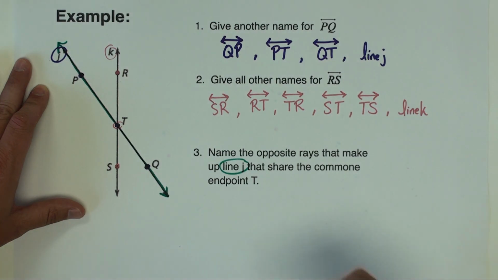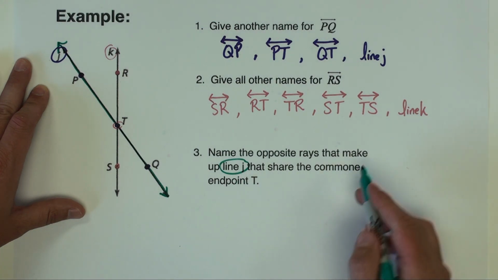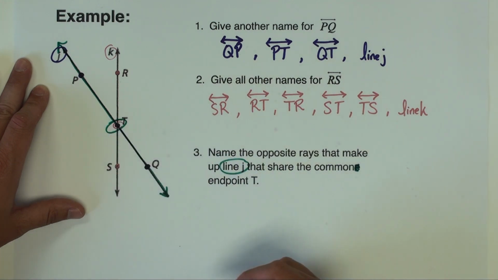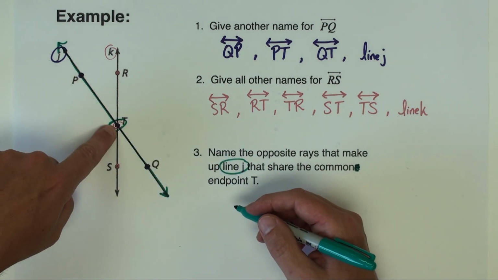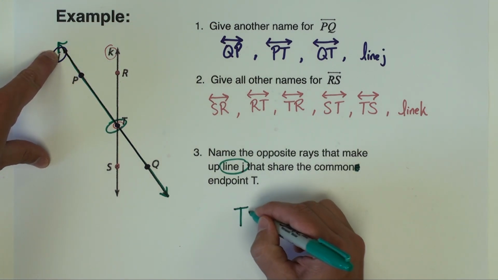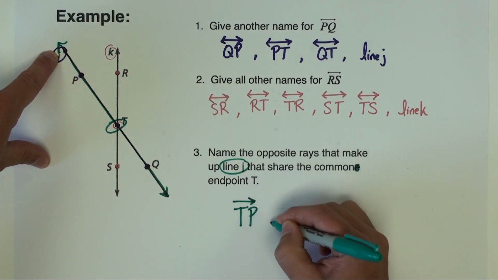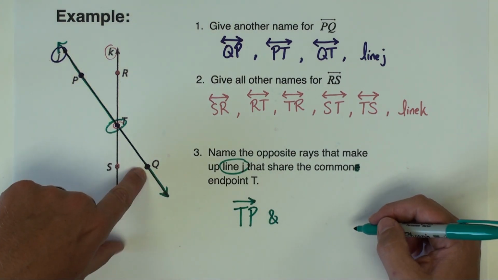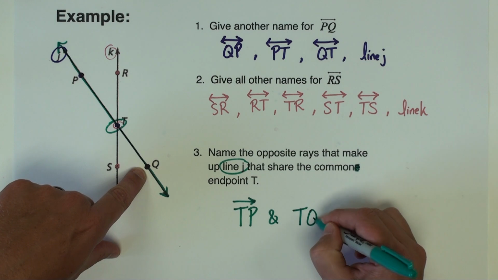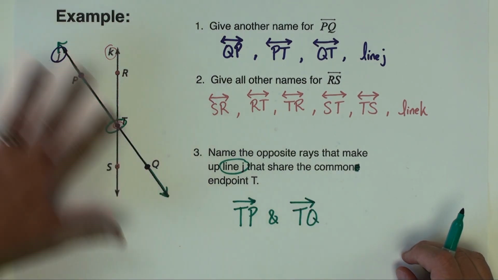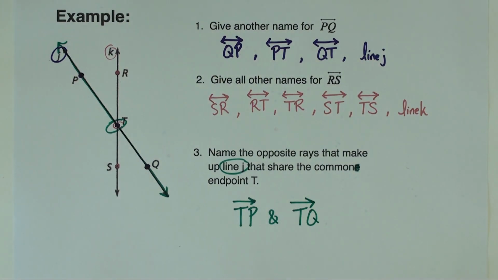Name the opposite rays that make up line J that share the common endpoint T. So starting from T, I could go this direction through P, or starting at T, I could go this direction through Q. There's our opposite rays on that line from point T.